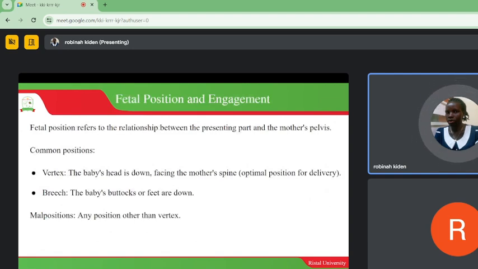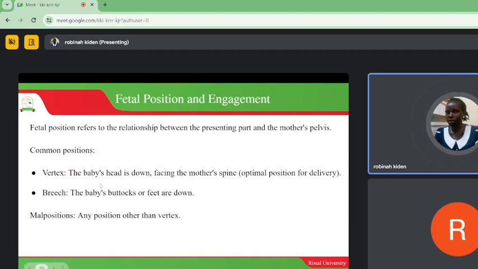Fetal position and engagement. Fetal position refers to the relationship between the presenting part and the mother's pelvis. The common positions are the vertex, which we have already talked about, where the baby's head is down, facing the mother's spine. This is the optimal position for delivery. This is the best. If the fetal position is the vertex one, which results from the complete flexion attitude, then it is the best for the delivery.